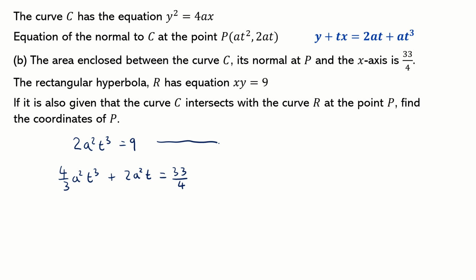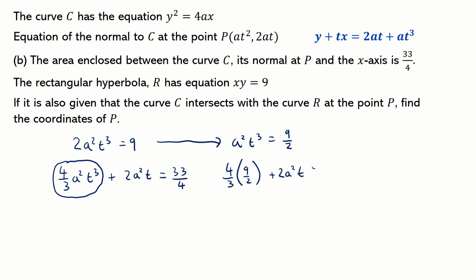From this first equation, we get a squared t cubed equals 9 over 2, which is something I can just substitute into just this bit, because that's a nice easy substitution to make without doing anything too crazy. So if I do that now, we end up with 4/3 lots of 9 over 2 plus 2a squared t equals 33 over 4. 4/3 lots of 9 over 2 is just 6.